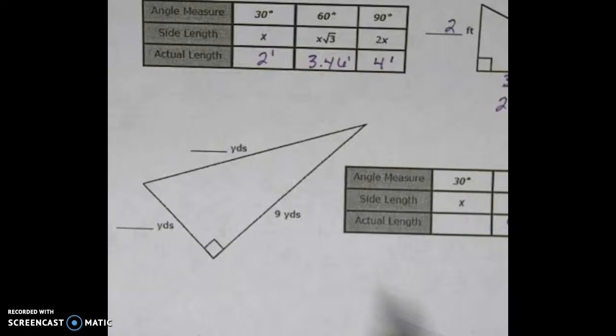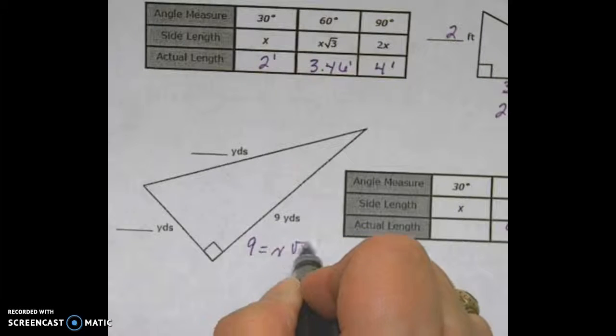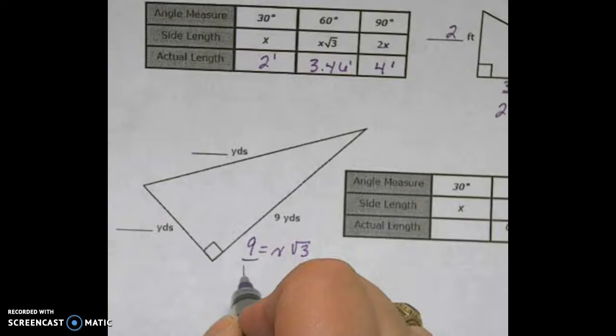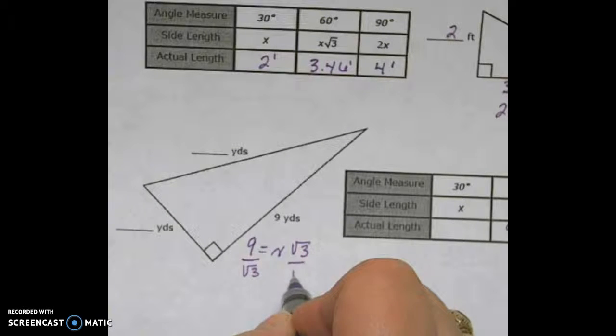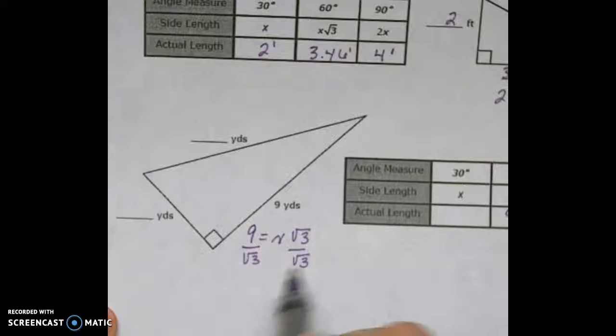So just like before, I'm going to set that 9 yards equal to x square root 3. I need to divide each side of my equation by the square root of 3 to figure out that value for x. I want to go ahead and rationalize that denominator.